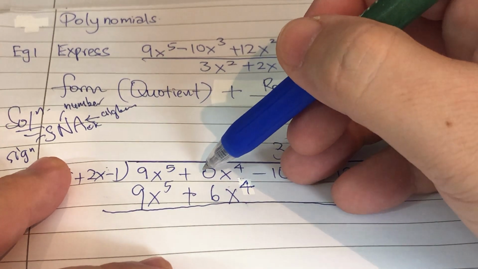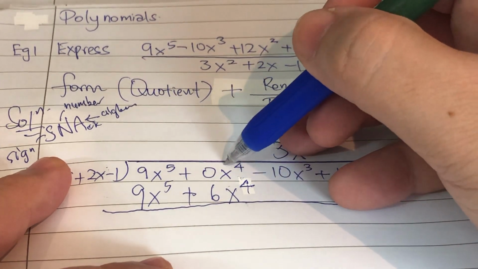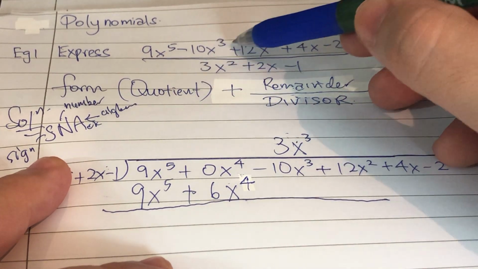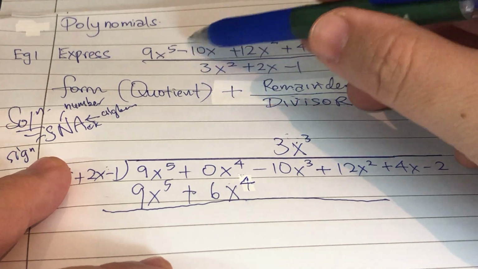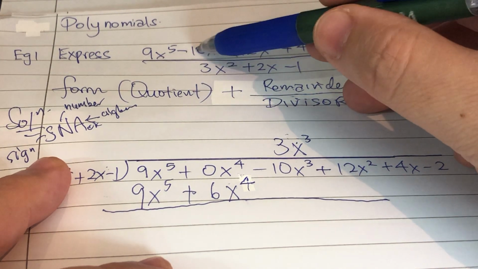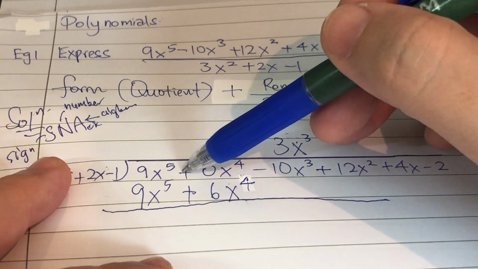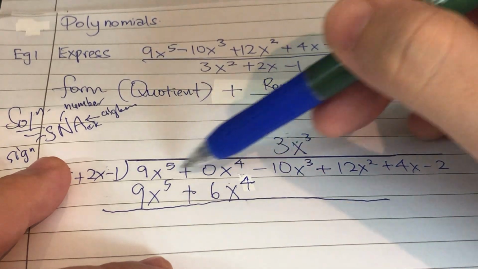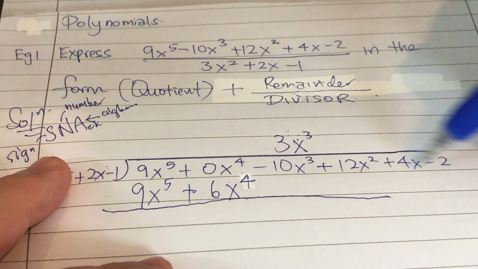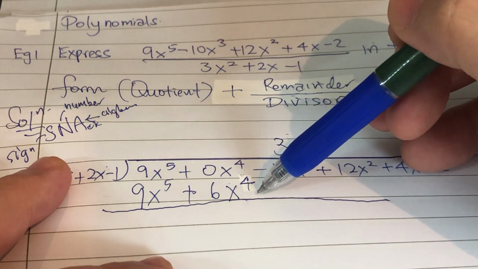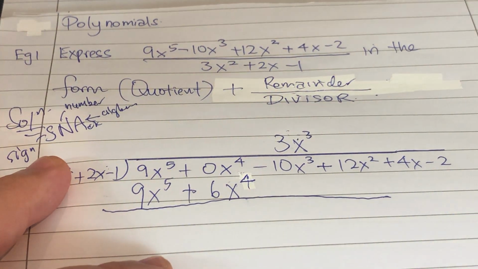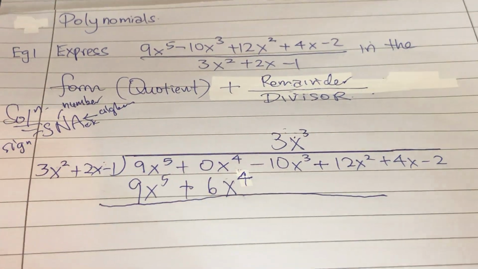That's the reason why, you see, there's no x to the power 4 here in the dividend, but I put it down as plus 0x to the 4, to make sure that they're all falling in order of their class.